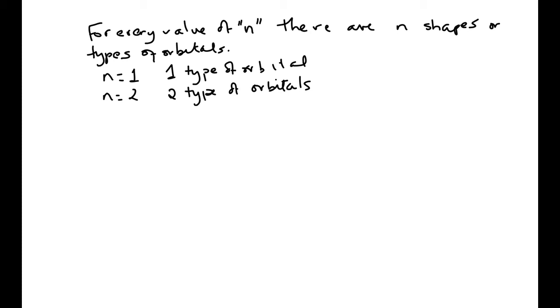Also, for every value of n, so for every principal quantum number, there are n squared actual orbitals.